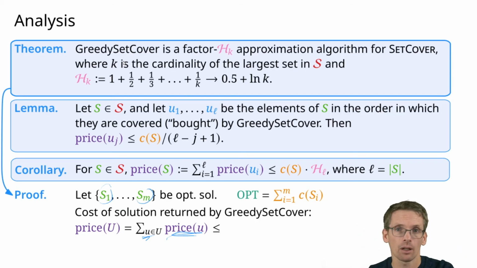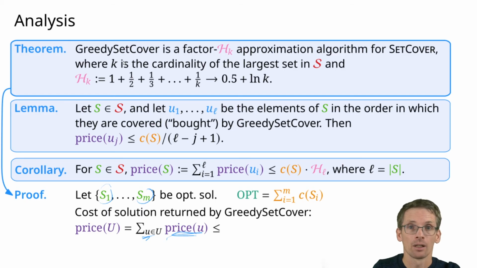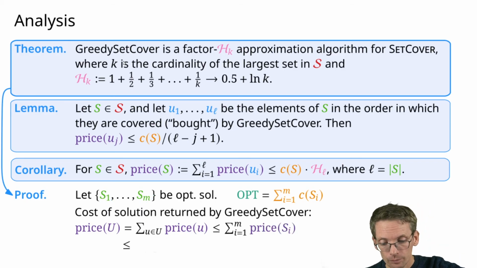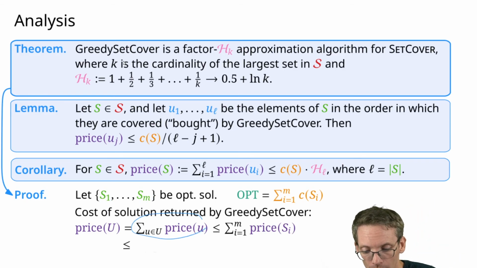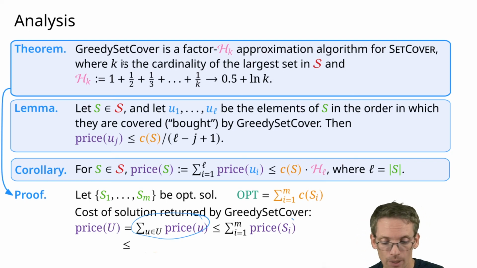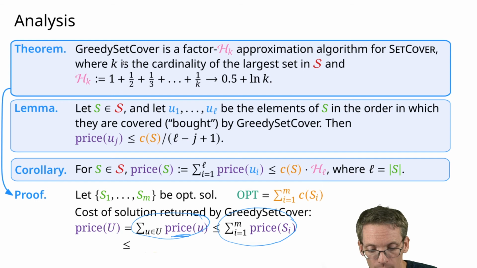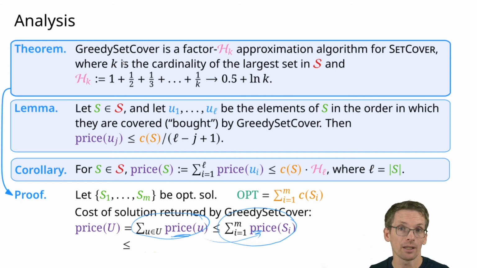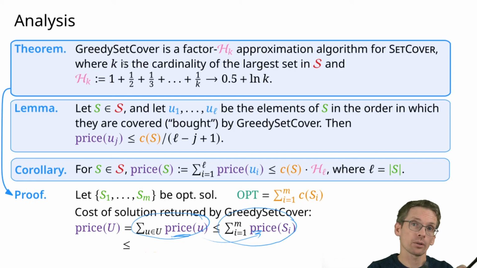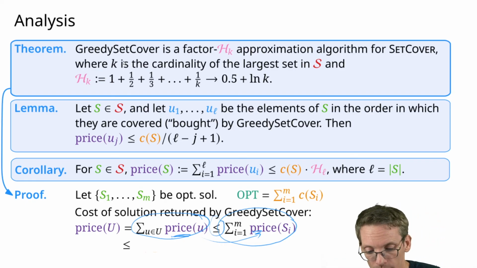So I can bound the sum of the prices of the elements by the sum of the prices of these sets, because each element occurs in at least one of those sums. An element which is covered several times also occurs in the sum several times, therefore I just get a smaller or equal, an upper bound.